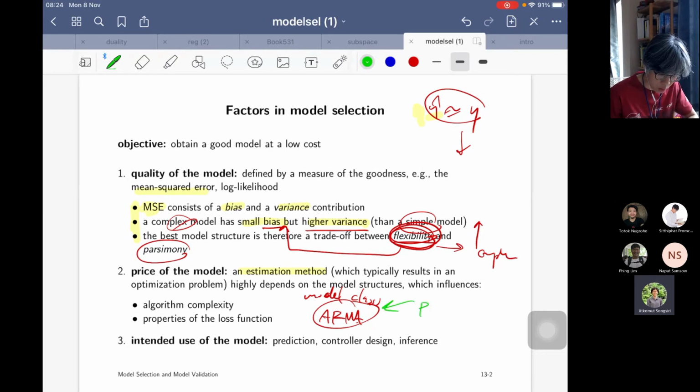You can say, I can use PEM. That's one thing. I can use MLE, maximum likelihood estimation.